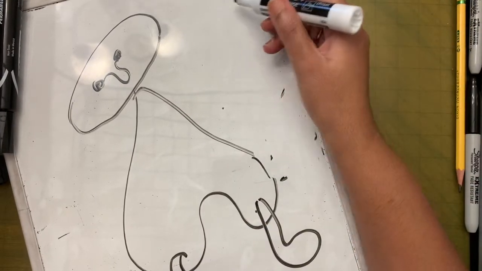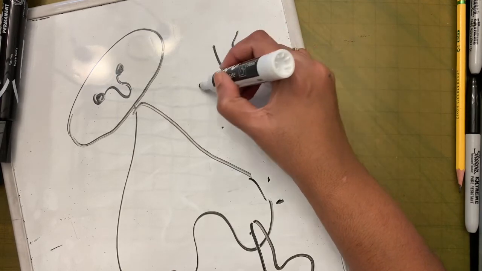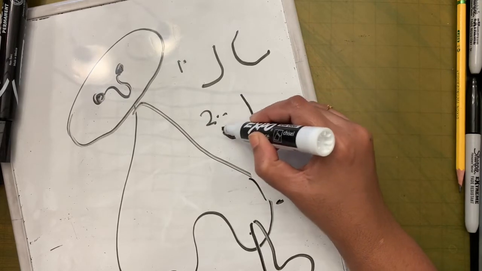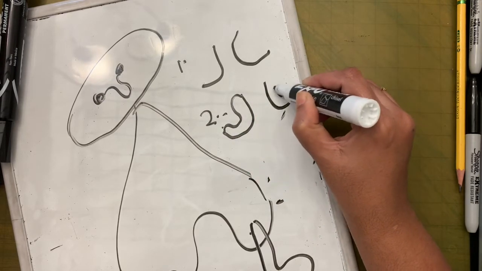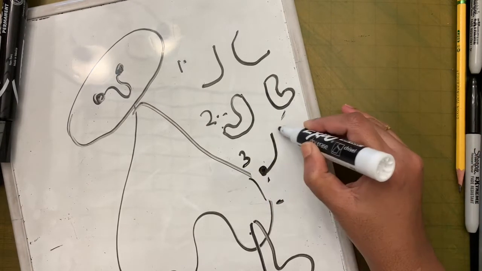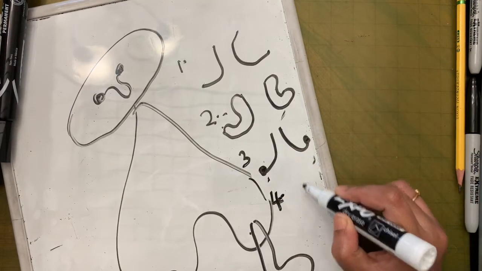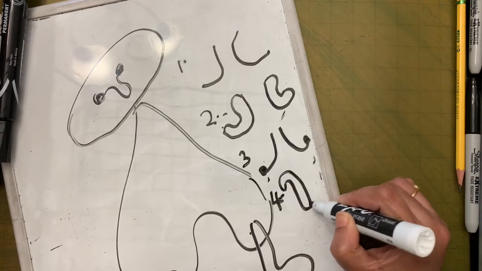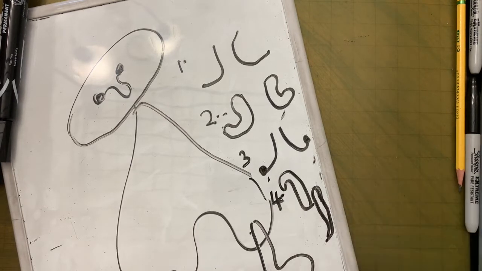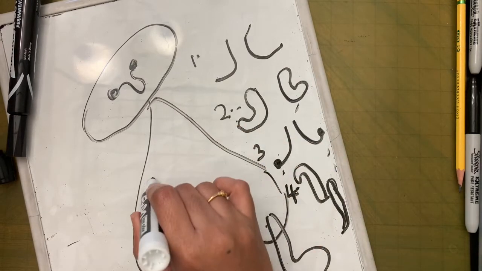Okay, for the arms, you can do one way, second way, third way, fourth is like this, like a hook. Okay, got the options. So I'm going to go with this one.